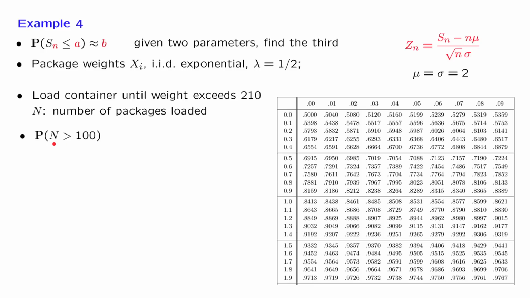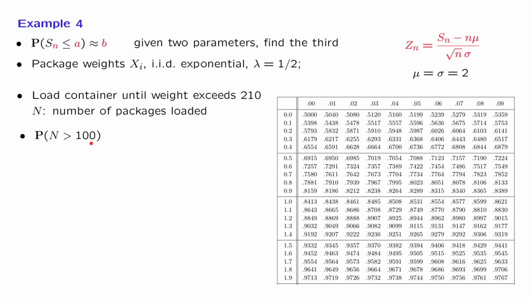The reason is that N is not the sum of independent random variables, and so we do not have a version of the central limit theorem that we could apply to N. What can we do? Well, we try to take this event and express it in terms of the Xi's. And here's how we go about it. What does it mean that we loaded more than 100 packages?